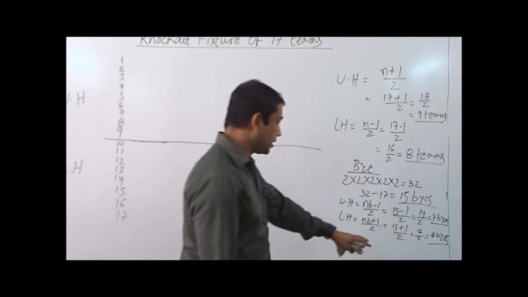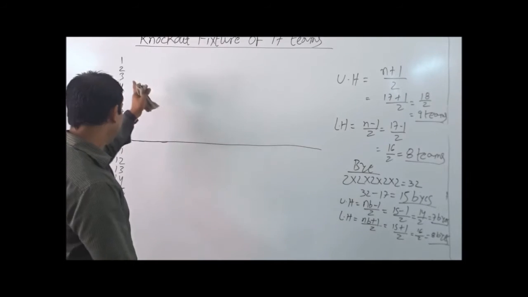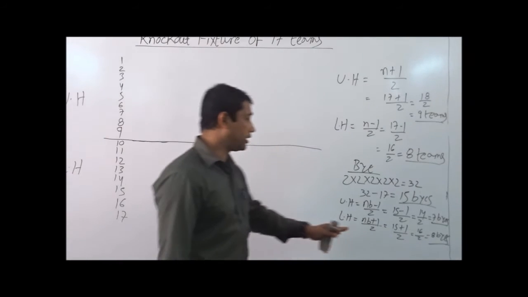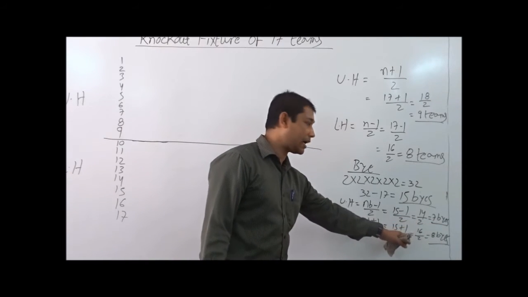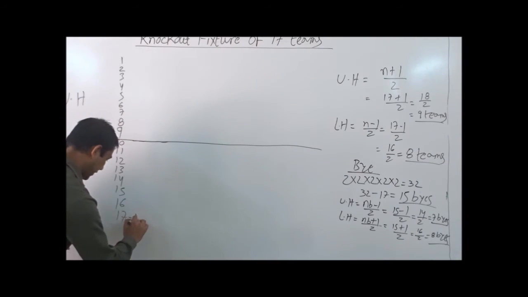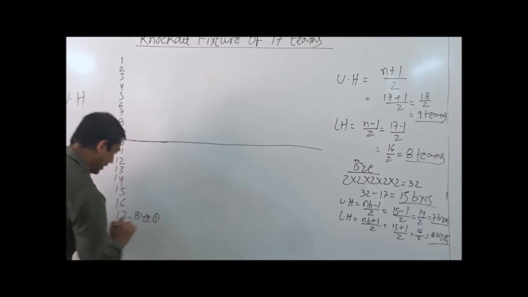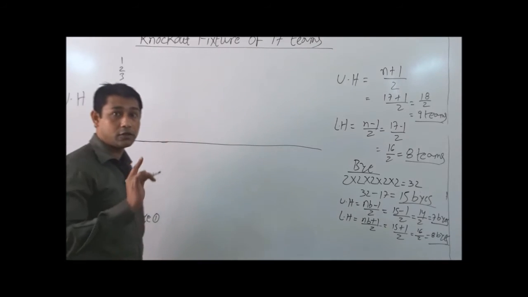Yes, dear students, now let us apply these formulas in the numerical. So as per formula, we need to give 7 byes to upper half and 8 byes to lower half. So first bye is always given to the last team of lower half.